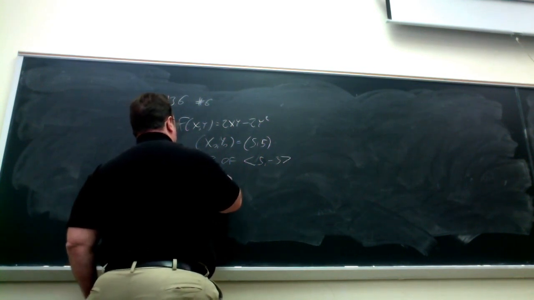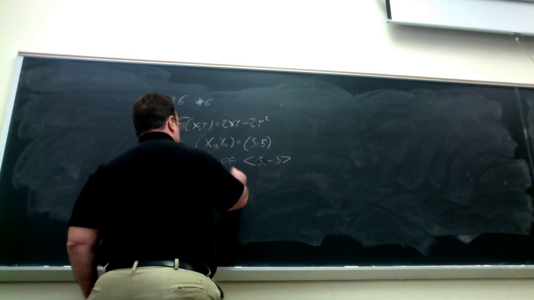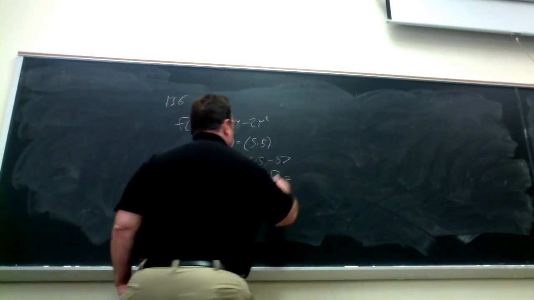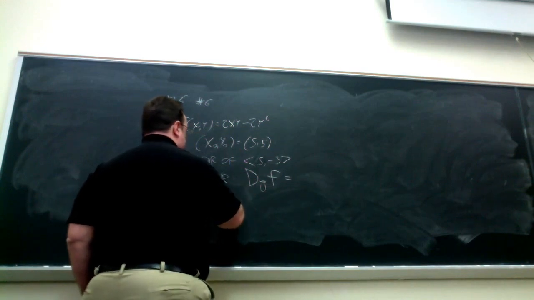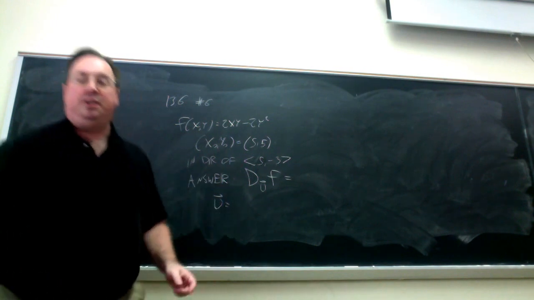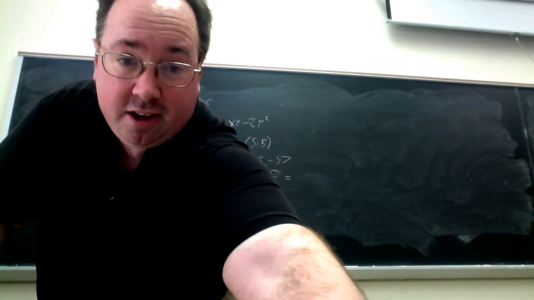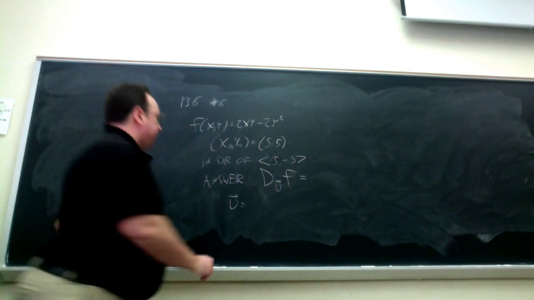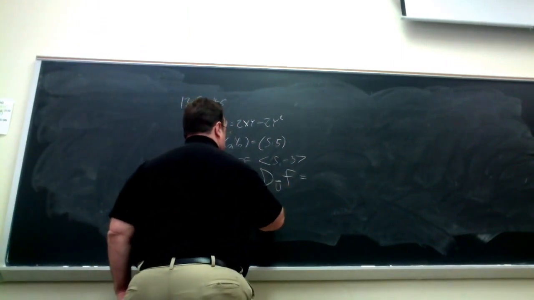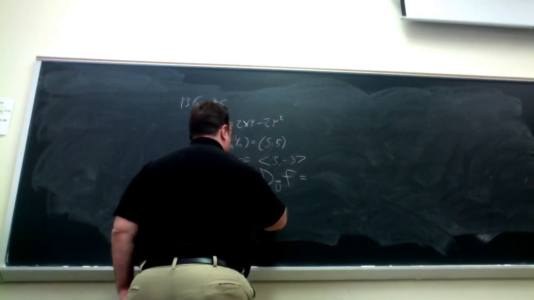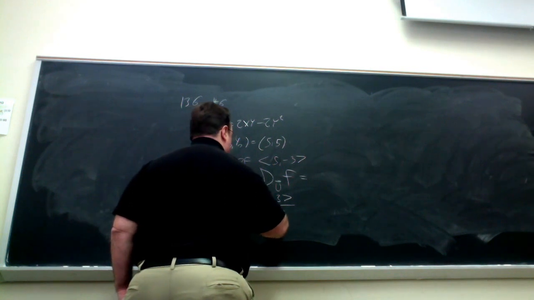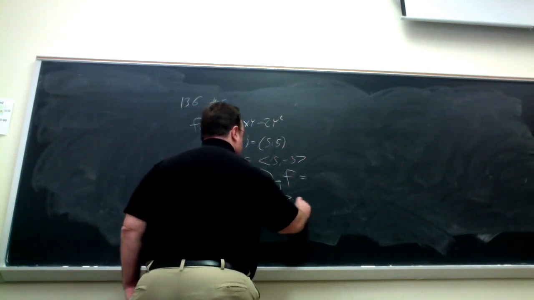What the problem is asking for, in a nutshell, is the directional derivative of f in the direction of this vector, but a directional derivative requires a unit vector, so it would be this vector divided by its magnitude.